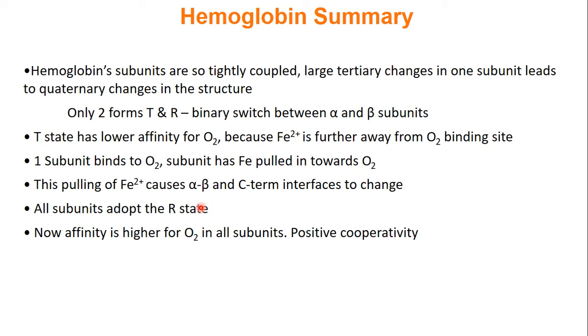This is a signal to the other subunits that oxygen is available, and they all will switch into the R state, making it more likely that oxygen will bind. The affinity for oxygen increases, and this is what we call positive cooperativity. And that's it for this video. I will see you in the next one.